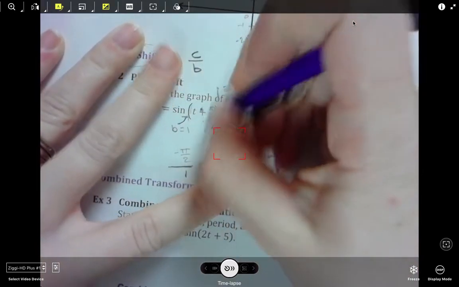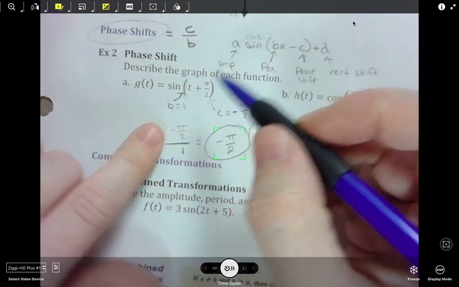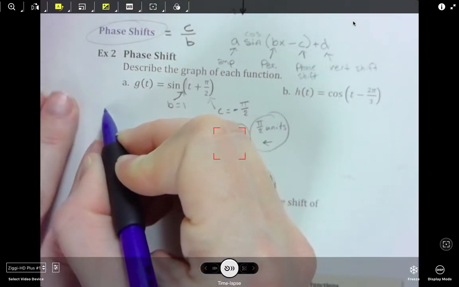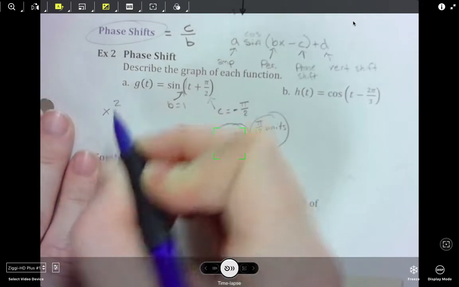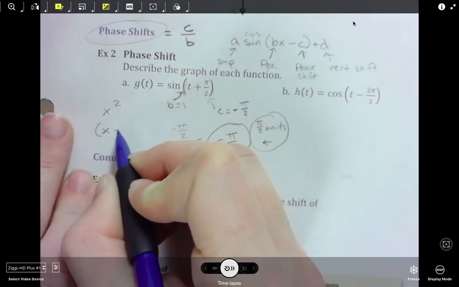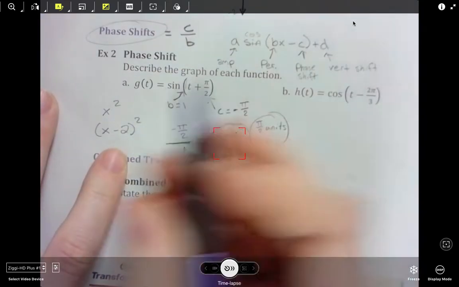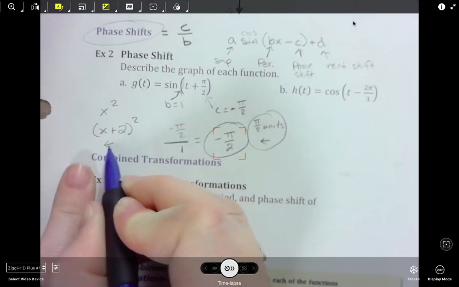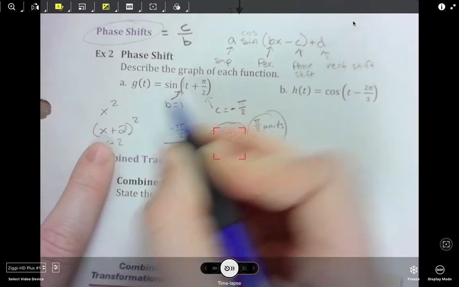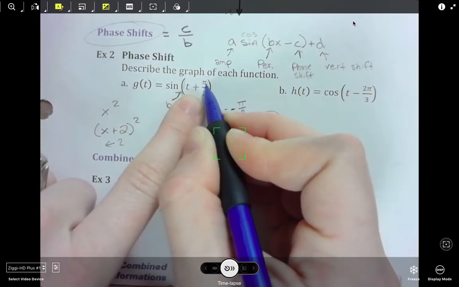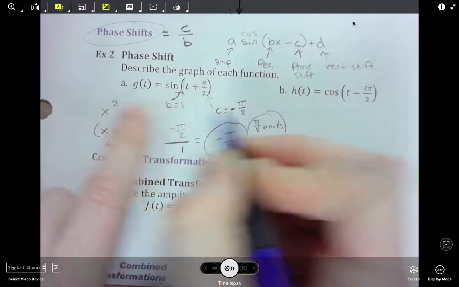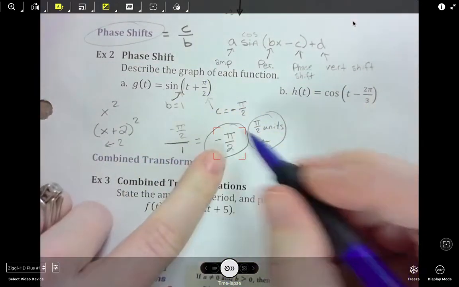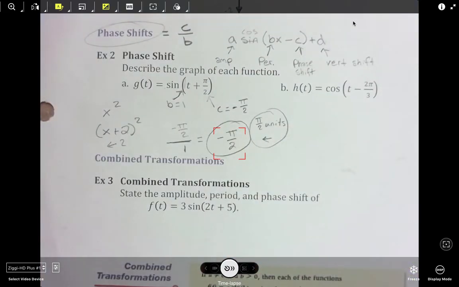If we just look at the raw problem here, we've had stuff before where we had x squared, and then we do x minus 2 squared. Well, let's do x plus 2. This means 2 units to the left, right? Because we do the opposite symbol. We're shifting it pi over 2 units to the left. That's what it looks like. So you can kind of tell that to start with.